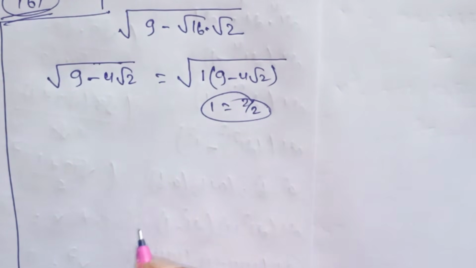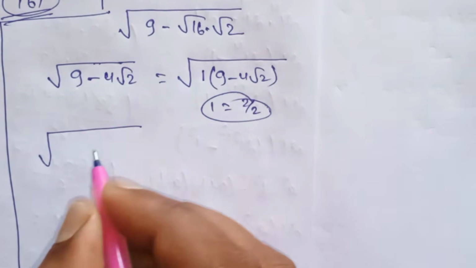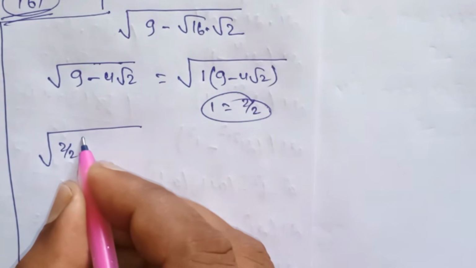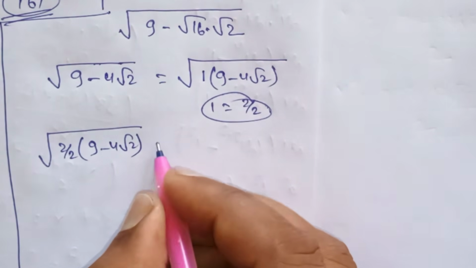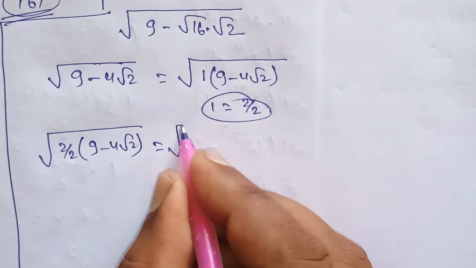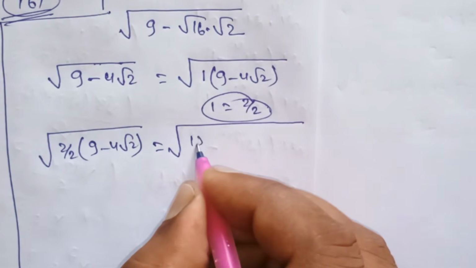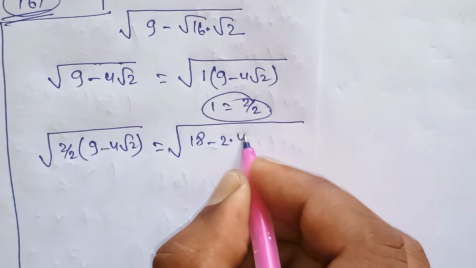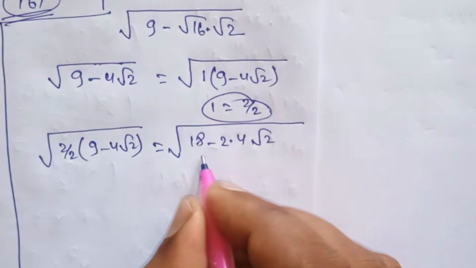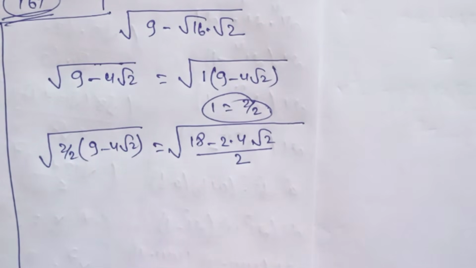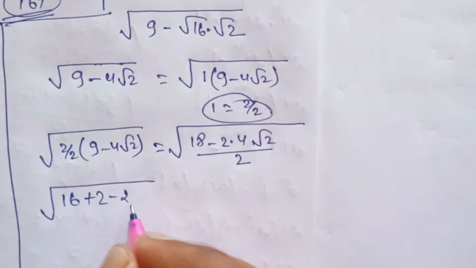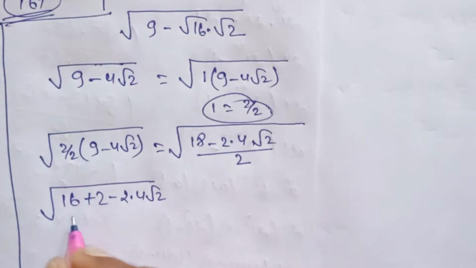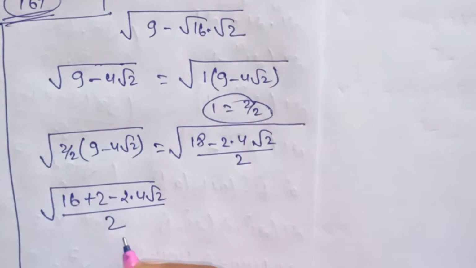So here root under 2 divided by 2, bracket open, 9 minus 4 into root 2, is equal to root under 18 minus 2 into 4 into root 2, divided by 2. Root under 16 plus 2 minus 2 into 4 into root 2, divided by 2.